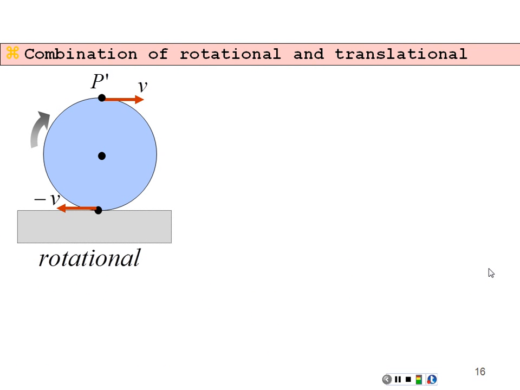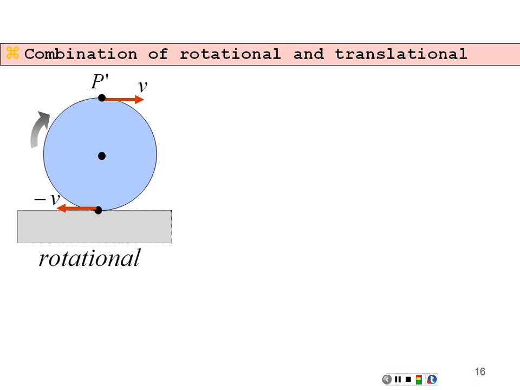Actually, if we were to combine rotational and translational motion, we would get rolling motion. If I think about this disk right here, as this is rotating about its center of mass, the linear velocity of a point on the top is equal to the angular velocity, omega, times the radius to that point.